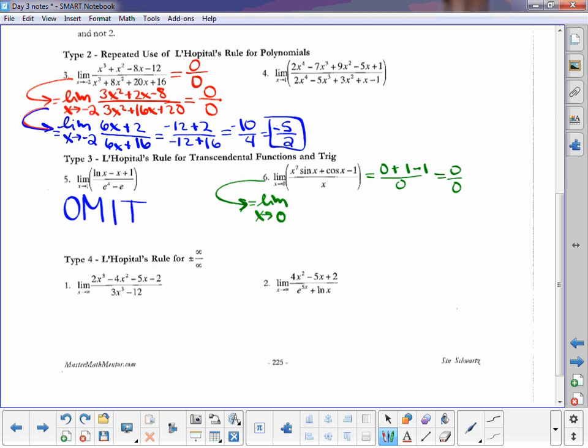What did we have to use for that top equation? Product rule. So second stage. Derivative of the first plus first stage. Derivative of the second. What's the derivative of sine?